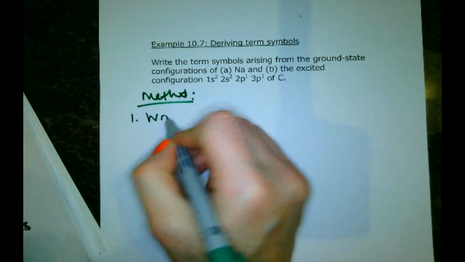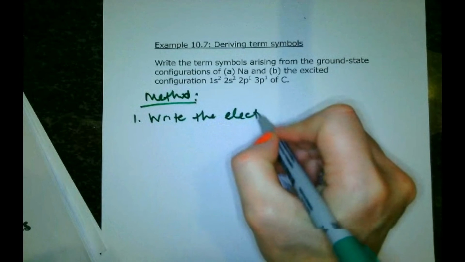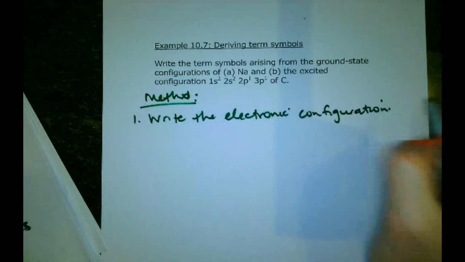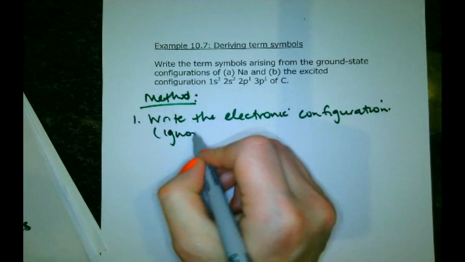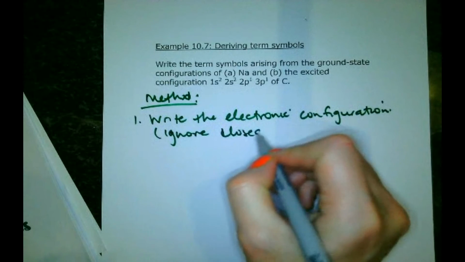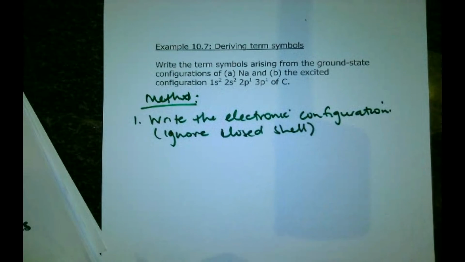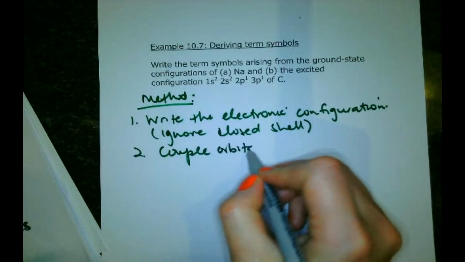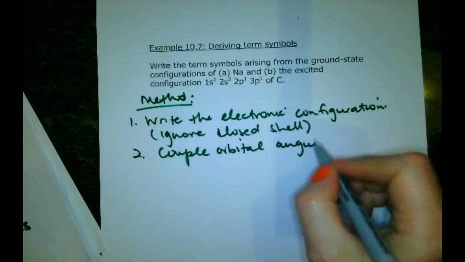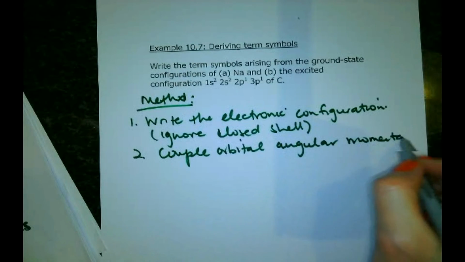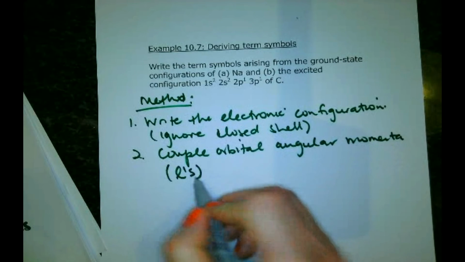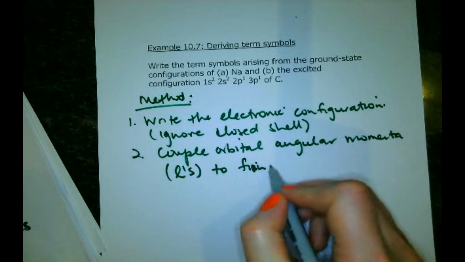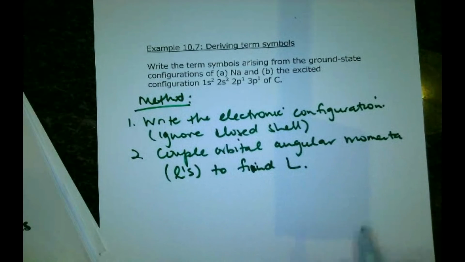Firstly, we write the electronic configuration, and remember we can ignore the closed shell. Step 2, couple the orbital angular momenta, which are all the l's, lowercase l's, to find uppercase L, which is the total orbital angular momentum.